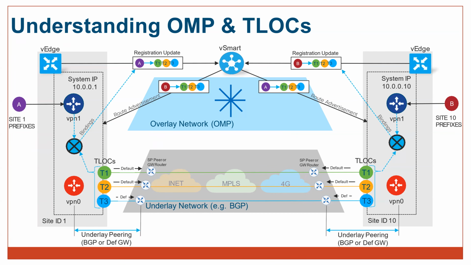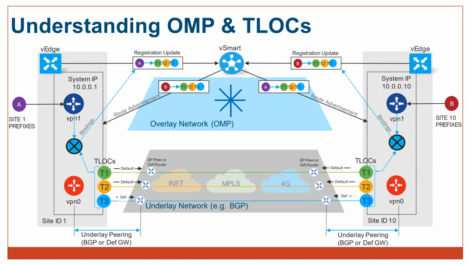So roughly you understood that you have the global VRF, and you have site-specific VRF or service VRF. The service VRF will send that route to the global VRF. The global VRF will use TLOCs and OMP to send that update to VSmart. VSmart is working as the route reflector. It will reflect the route to the other side.